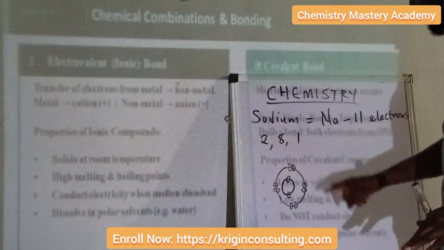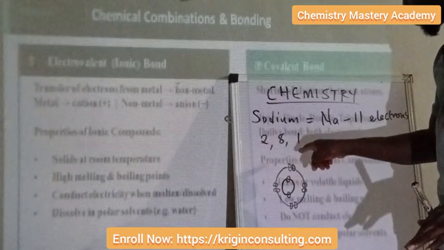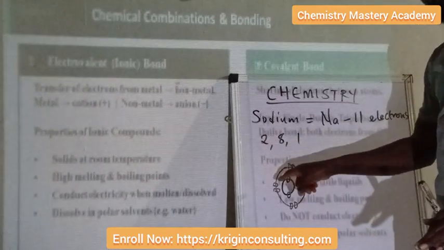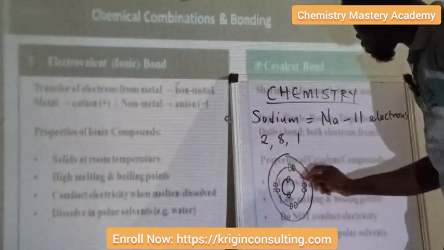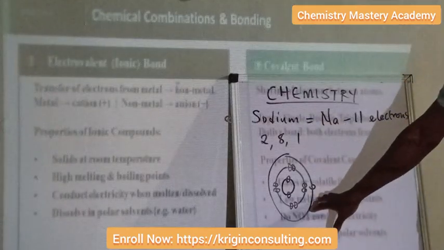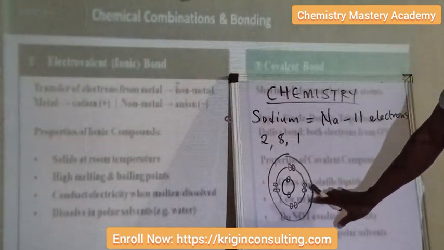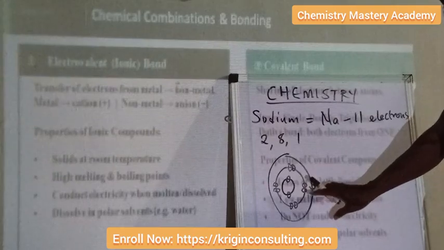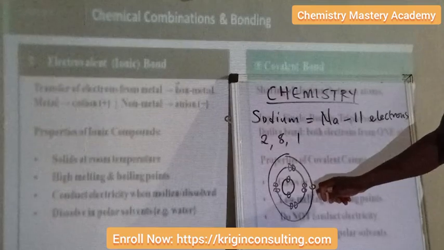No. You put 1, 2, 3, 4, 5, 6, 7, 8. Exactly. Then the last shell has how many electrons? 1. This is sodium.